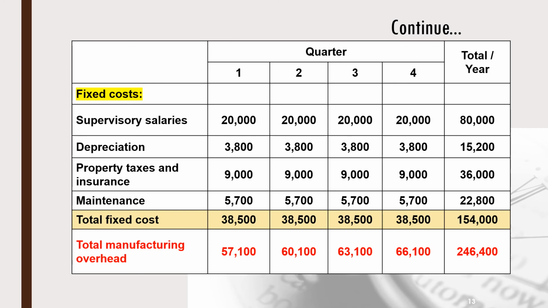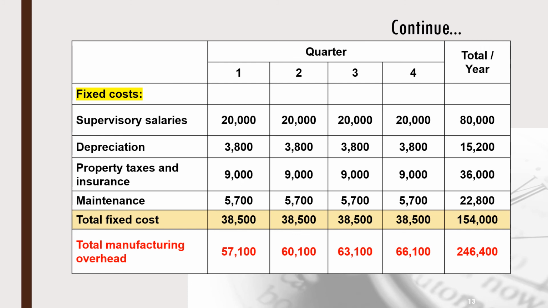And the total fixed cost for maintenance equals 22,800. And the total fixed cost for quarter 1, quarter 2, quarter 3, and quarter 4 are constant or the same, that is 38,500.